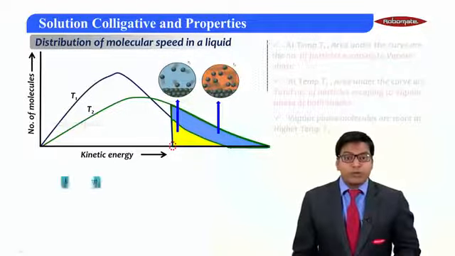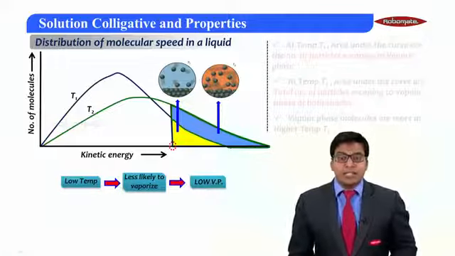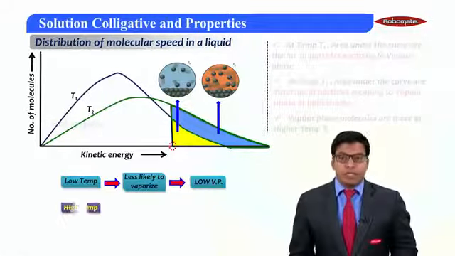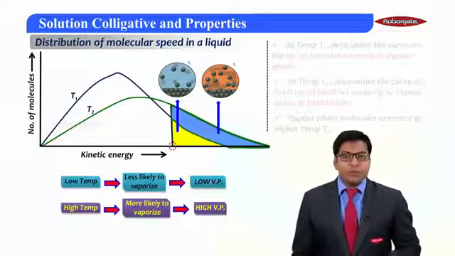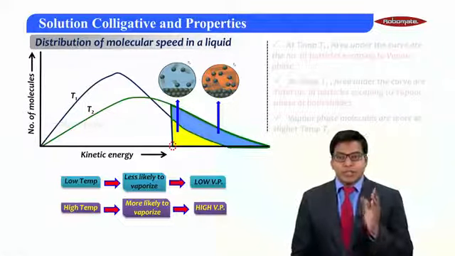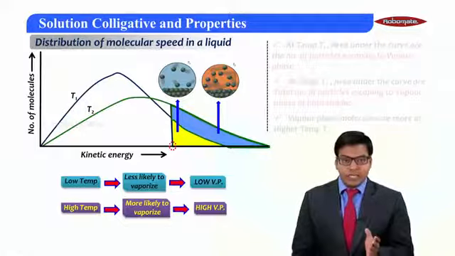Therefore, what I could conclude here is that low temperature is equivalent to saying it is less likely to vaporize. That means low vapor pressure, while high temperature is equivalent to saying more likely to vaporize. Therefore, it is at high vapor pressure. So you can now relate how vapor pressure and temperature are correlated to each other, right?